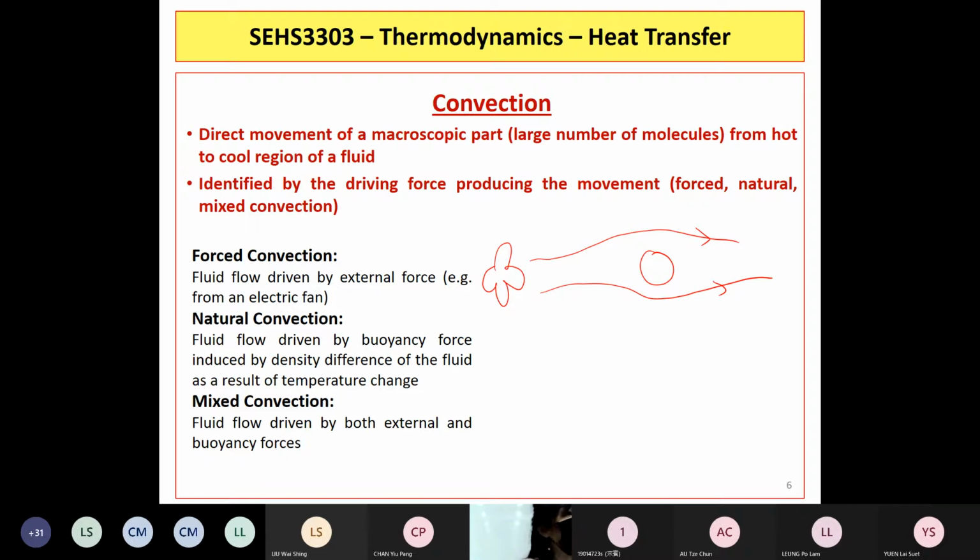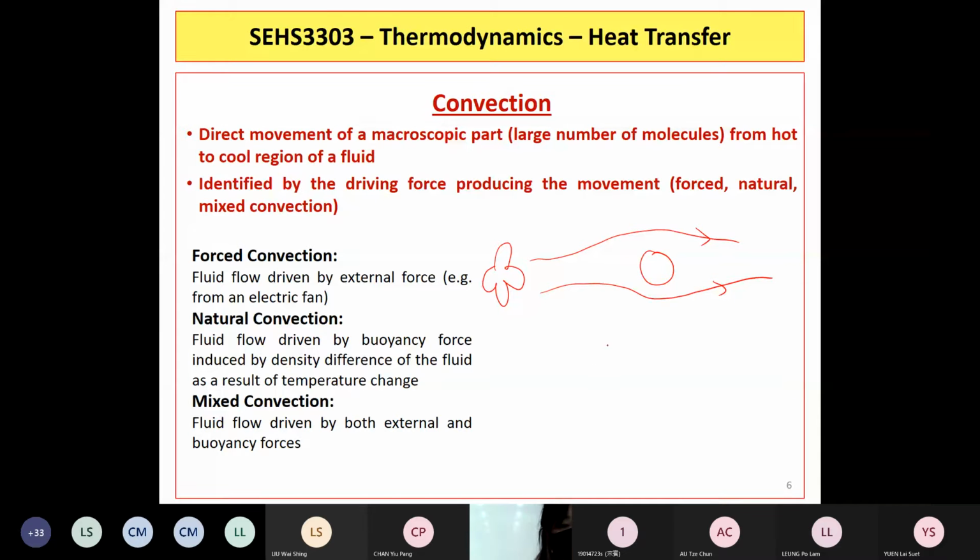Buoyancy force is induced by the density difference as a result of the temperature change. You should know this, right? We have temperature change, and then we have the density difference. That is natural convection. The driving force is buoyancy force only.